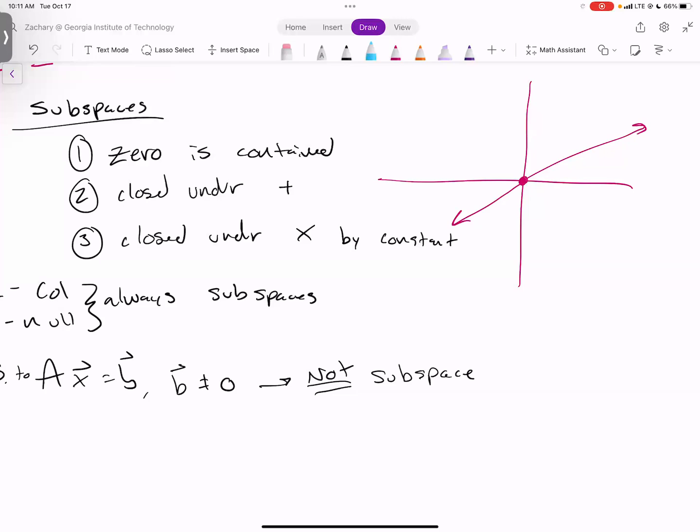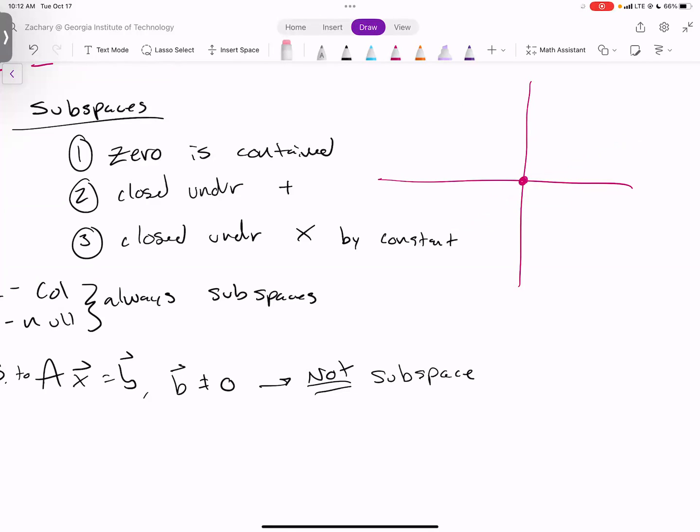Secondly, closed under addition means that anything on this line added with anything else on this line will remain on this line. And that's true. And for closed under scalar multiplication, if I have this vector and I multiply it by any constant number, it will still remain on that line. So all 3 conditions are met, and if all 3 conditions are met, it is called a subspace. If any one of those conditions is not met, it is not a subspace.